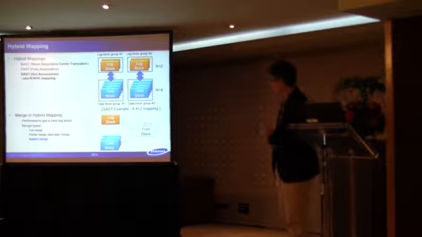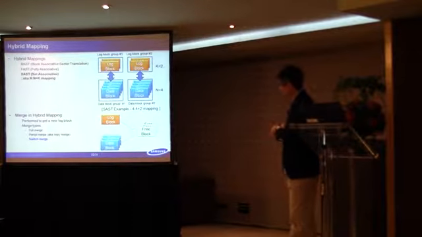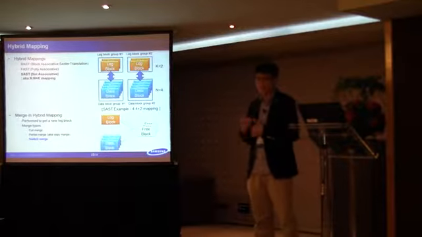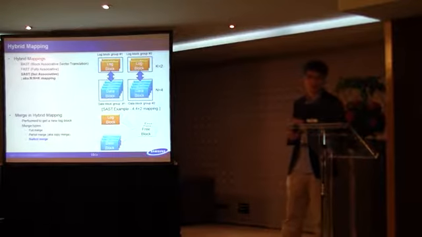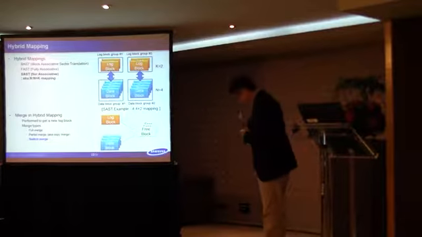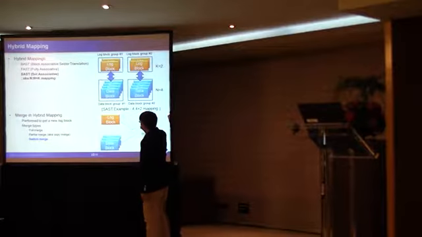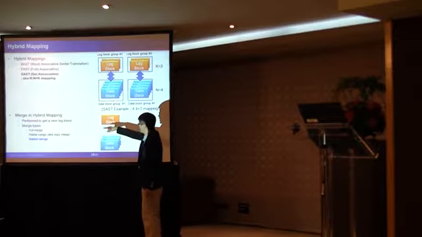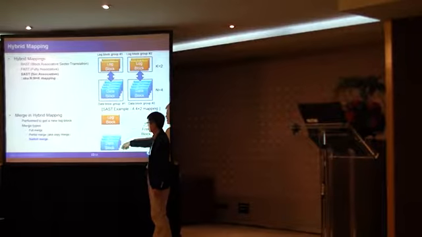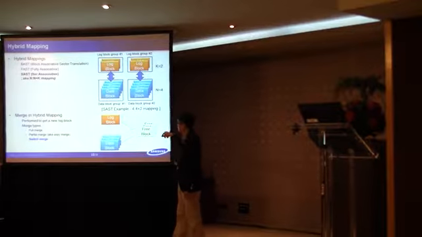But there is a problem in merging cost, because in the worst case we have to do a full merge, where the log block and data block should be merged together to form a new block. In the full merge case, we have to copy all the valid pages from the log block and data block into a new clean block.